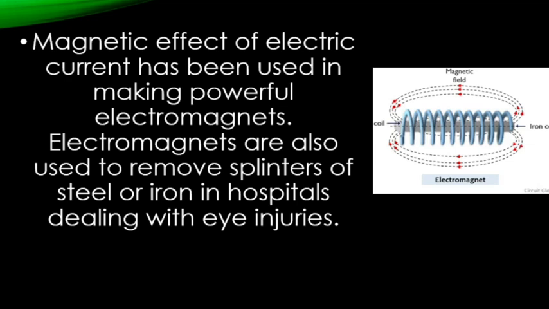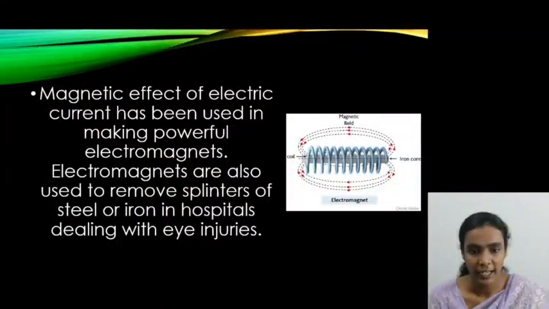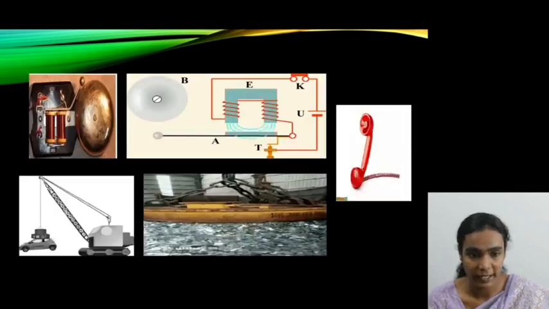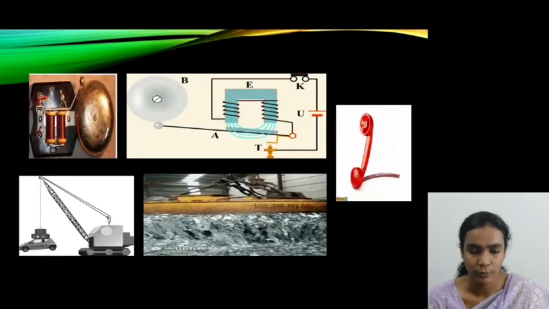Electromagnets are also used to remove splinters, meaning broken parts of steel or iron, in hospitals dealing with eye injuries. Examples of electromagnets are the electric bell, cranes and telephone.